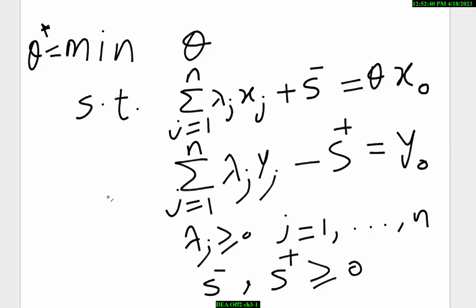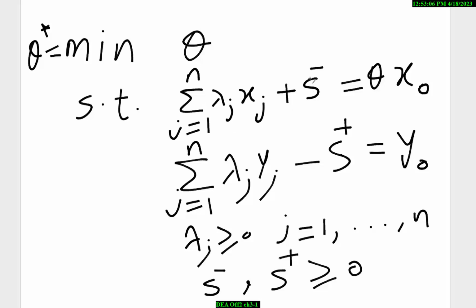However, even if theta star is equal to 1, as we showed before, the DMU can also be inefficient when the slacks are not 0 in at least one optimal solution.